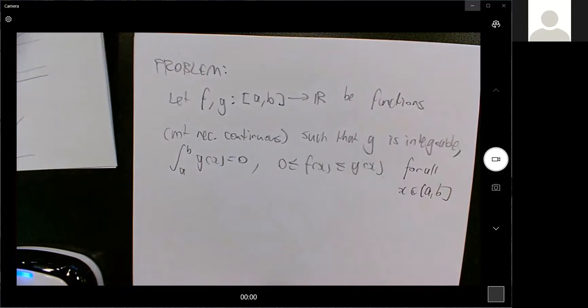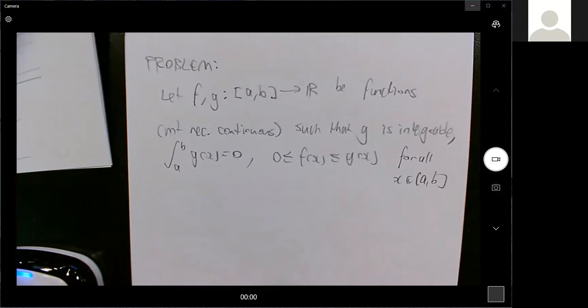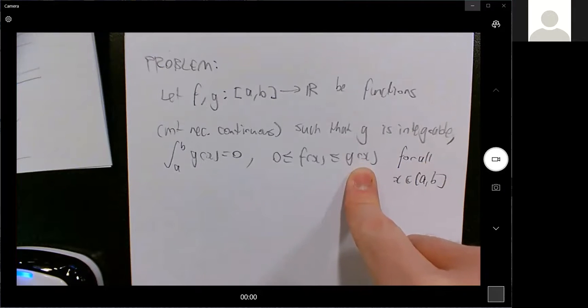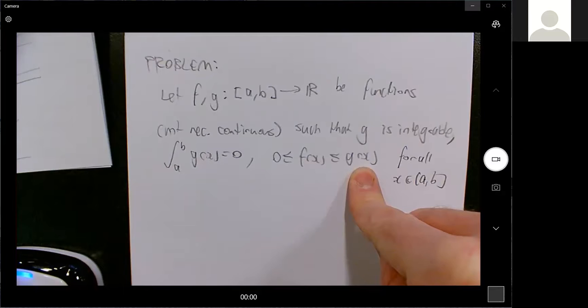What the hell? How can the integral of g be 0 if g is always positive? Wouldn't that mean that g would have to be 0? Wouldn't it? Surely.